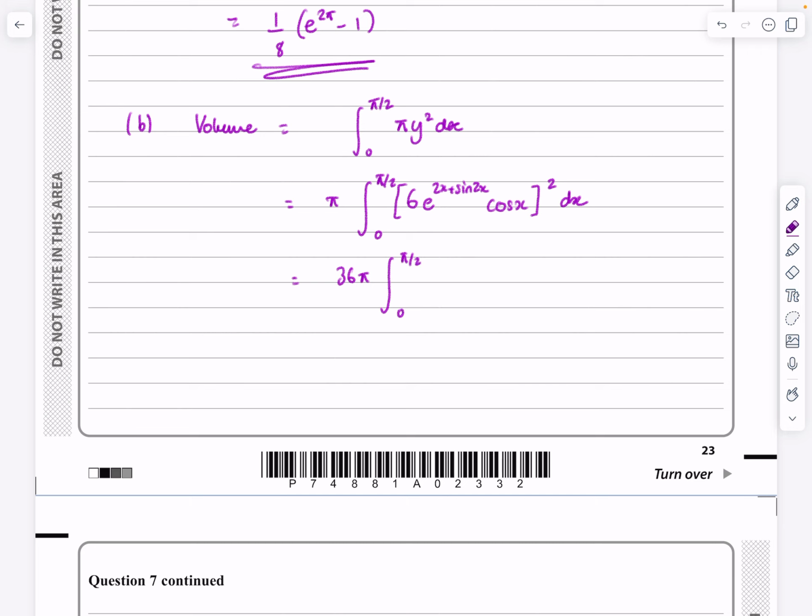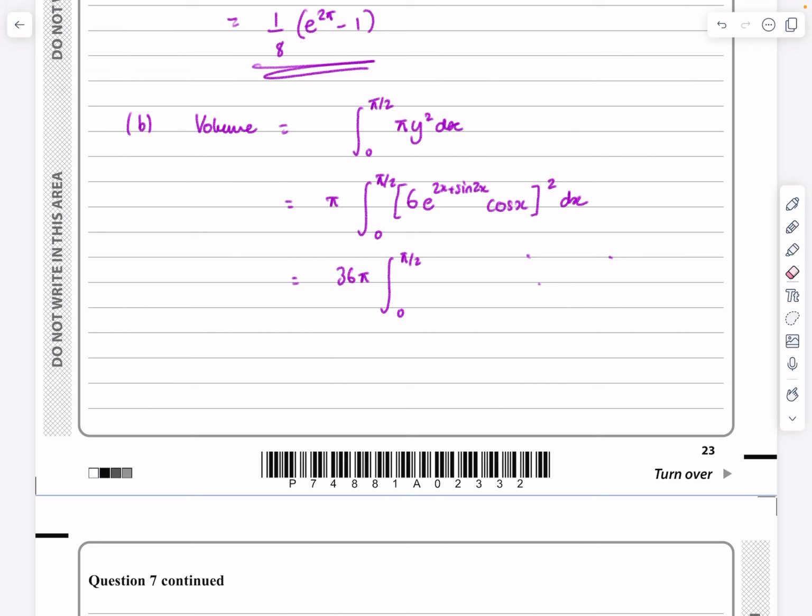But then e to the 2x plus sine 2x, e to the 2x plus sine 2x. If we're squaring that, you're basically saying e to the 2x plus sine 2x again. You're just multiplying those two things together, and when you multiply them together, you add the powers. If you add the powers, we're going to get 4x, and we're going to get 2 sine 2x.